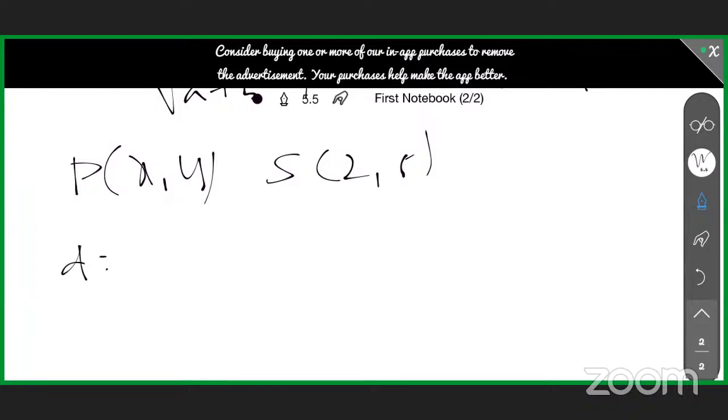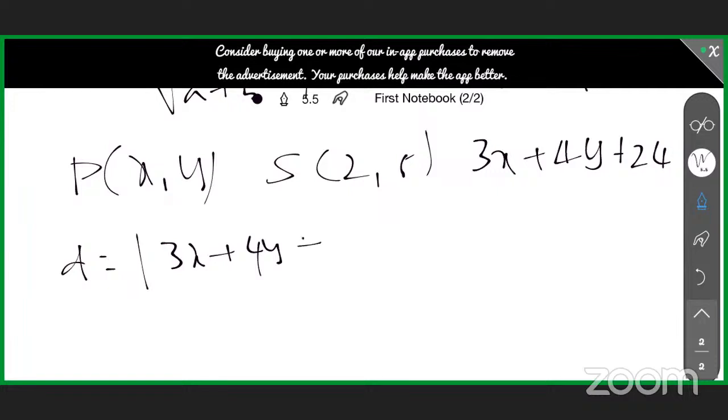So d is equal to mod of, the equation they've given is 3x plus 4y plus 24 is equal to 0. That will be equal to, point is x comma y, therefore 3x plus 4y plus 20 by root of 9 plus 16, which is 5.